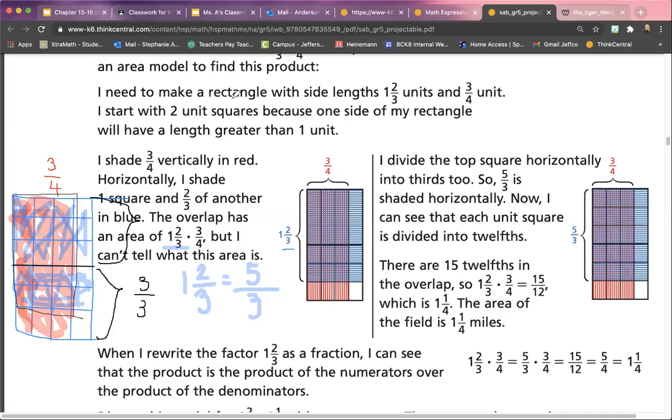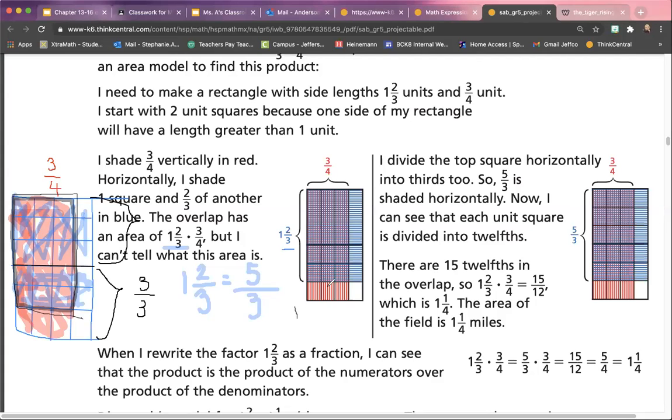So I want you to draw a line around wherever you see both colors or both stripes or whatever it is that you are using. And then I want you to count how many of these boxes actually have both colors. Can anyone tell me how many actually overlap?